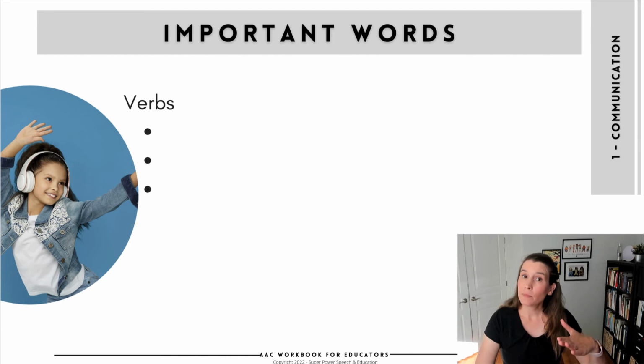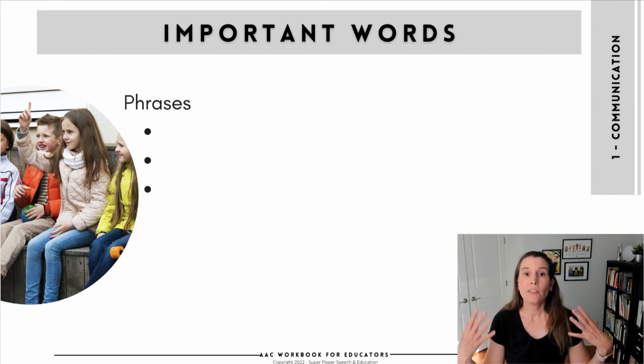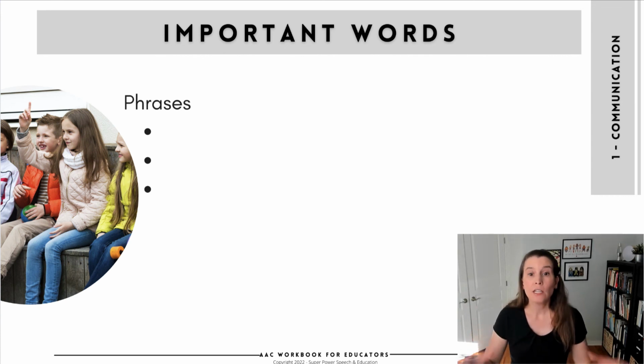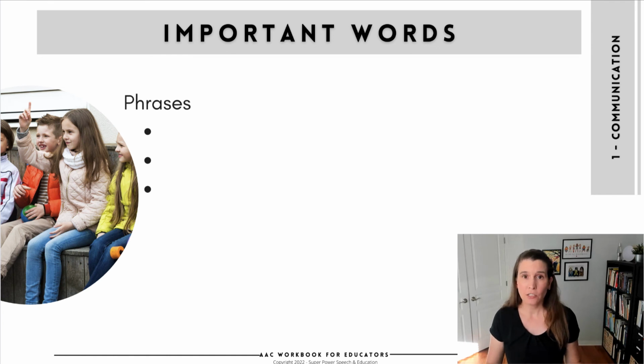Okay, sometimes we need some special verbs that are not already in the system. These are maybe dancing, or maybe your student likes to run. What are the verbs that you're going to need for your student to be successful? And then finally, phrases. These are going to be the full-on phrases that they need to use within the classroom and in the community.